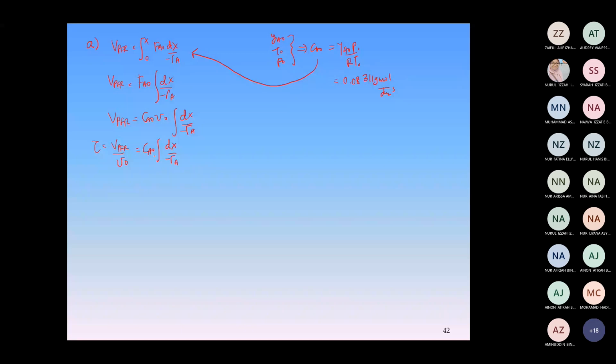Here you can use the constant value, which is CA0.